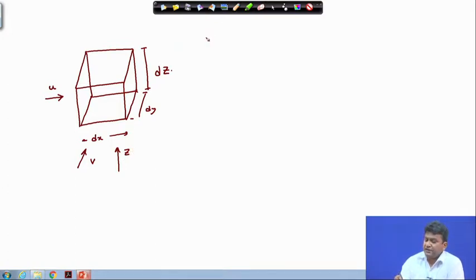Now, let us consider the left face. What is the momentum that is entering? Because if you would like to write a balance for momentum, the net rate of change of momentum is proportional to the statement of Newton's second law, right.